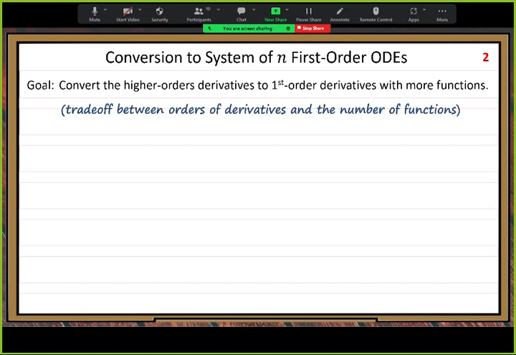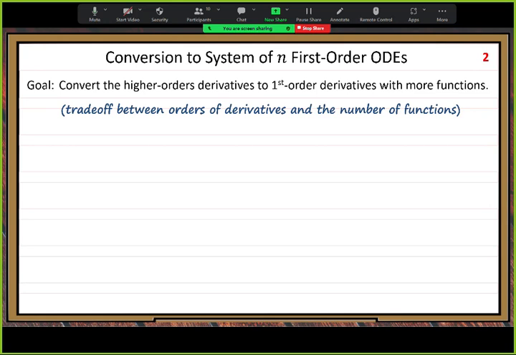We are ready to use more functions to do it, not a single function this time. So it's a trade-off between orders of derivatives and the number of functions. We take that trade-off.